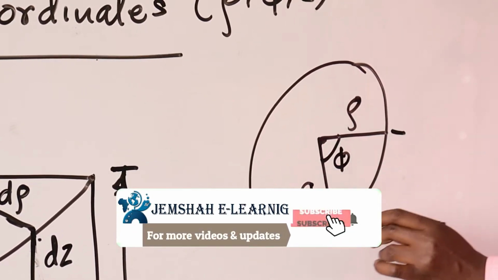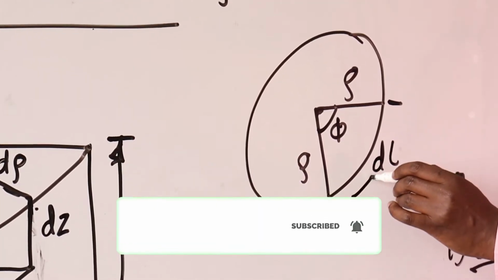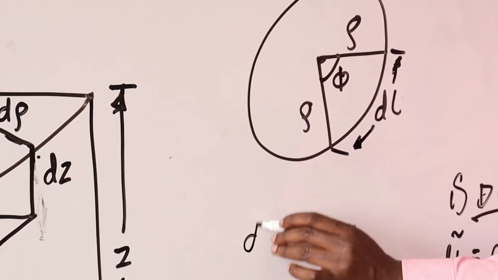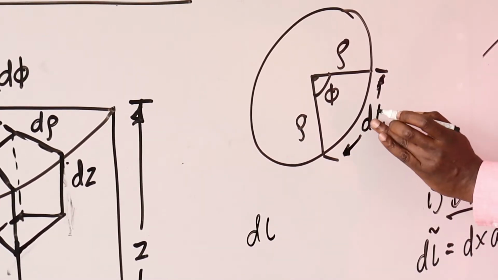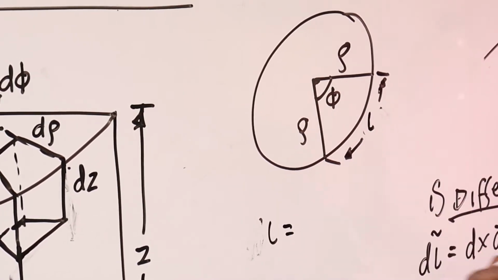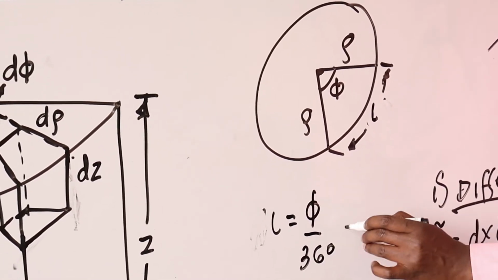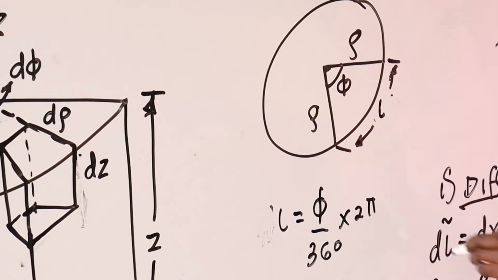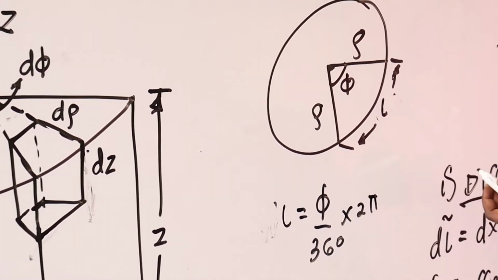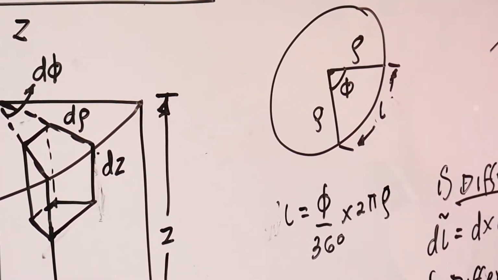So if I was to get this particular length, let me call it dl, a small length section, then we can say that the length L, let me call it L for now, must be given as phi over 360 degrees multiplied by 2 pi times the radius rho.